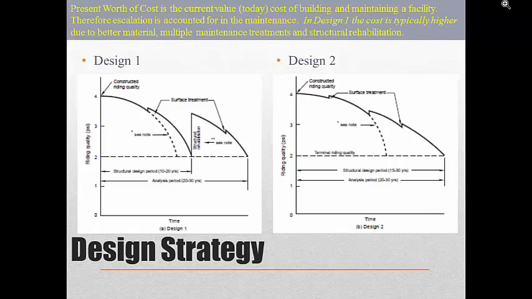In year 1, we add a maintenance cost, and in year 2, we escalate the maintenance cost. Thus, for design 1, the costs are typically higher due to better material, multiple maintenance treatments, and a more expensive structural rehabilitation cost, possibly far outnumbering the cost of design 2.